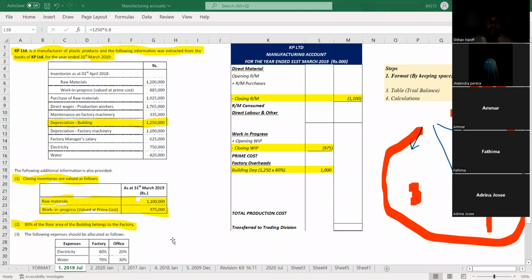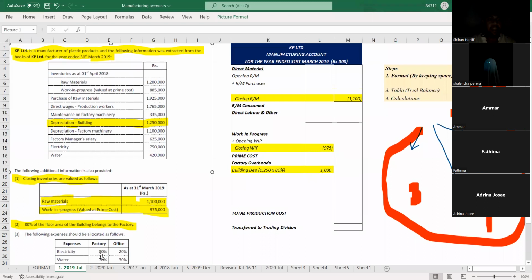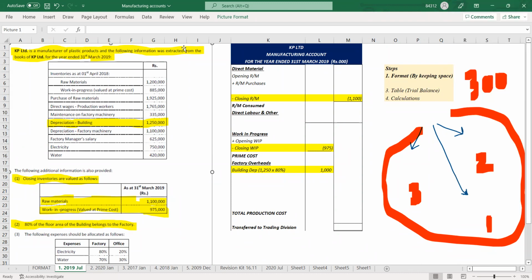Right, moving to the next. Following expense should be allocated as follows. Electricity, 80% to factory, water, 70% to factory. Can you all do that? I'll give 2 minutes.